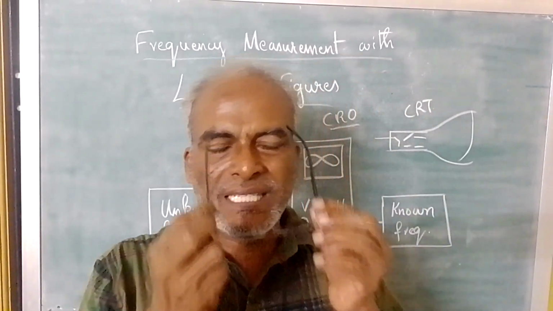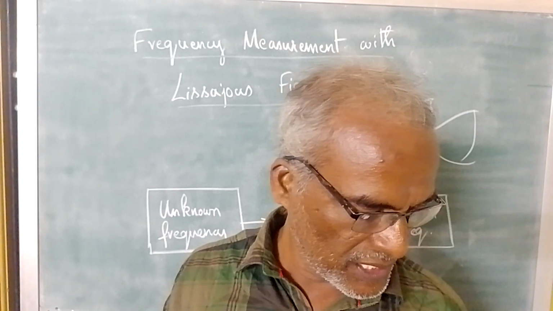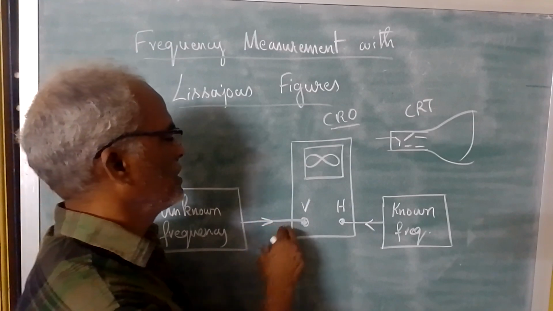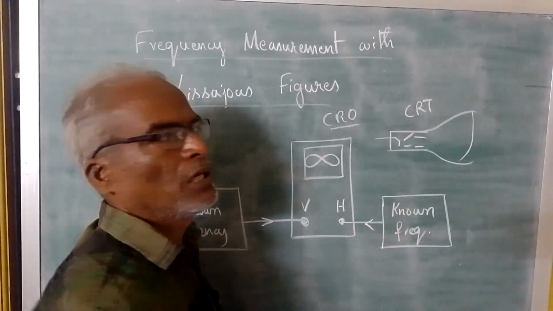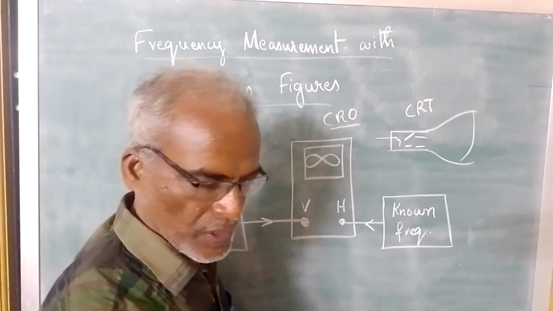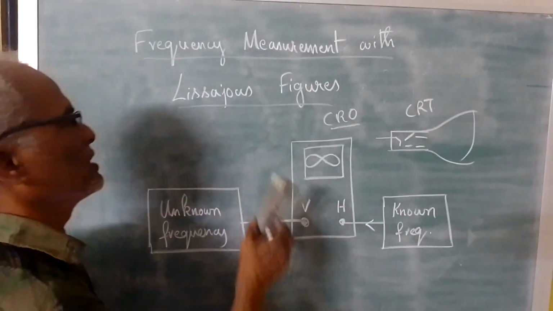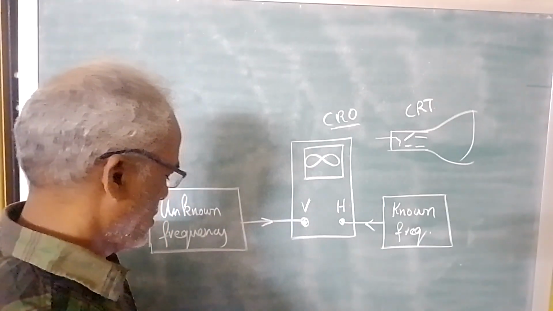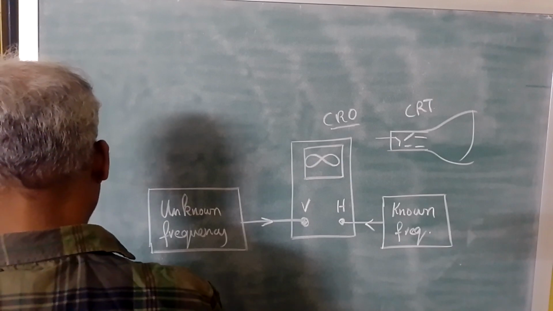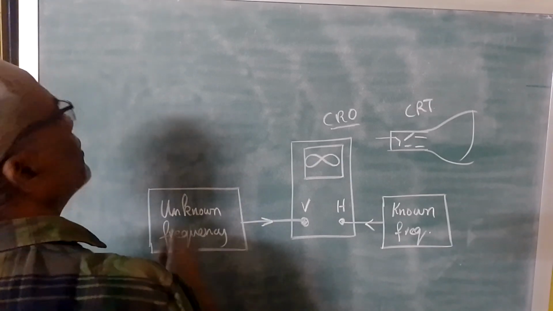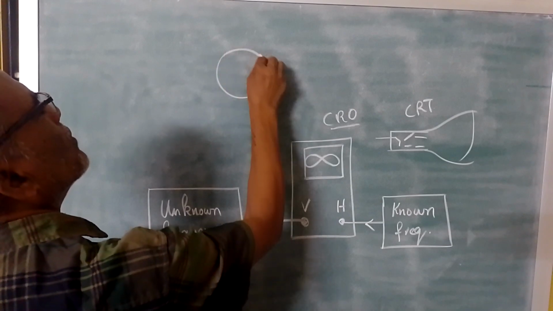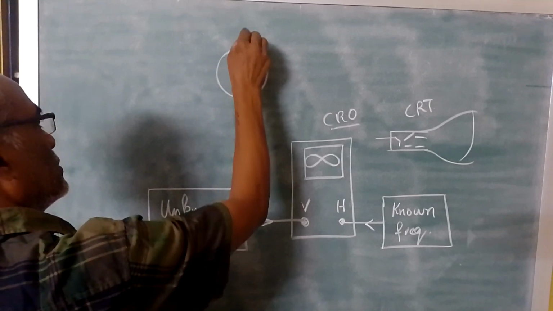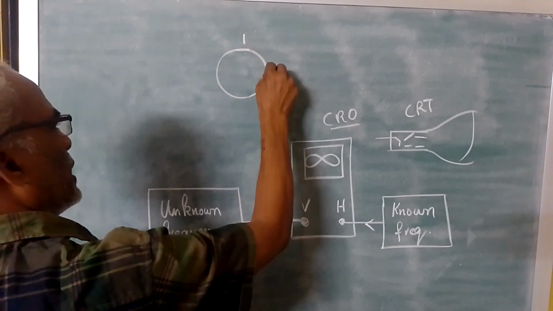First we will see some of the patterns and how to measure. Generally, we give the unknown frequency to the vertical plates, and here we know the known frequency. Keeping this in mind, how do we measure the frequency? For example, if you see a circle on the screen, this point is 1 and this point is 1.